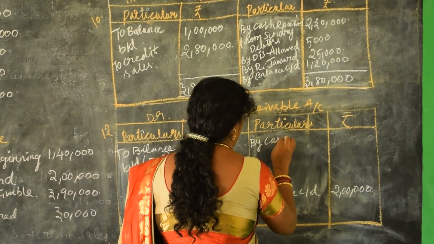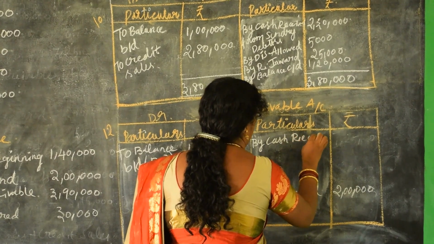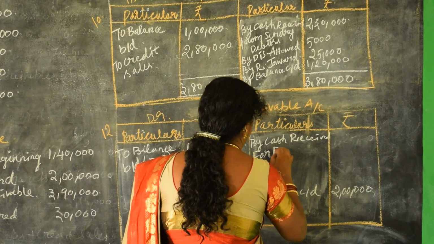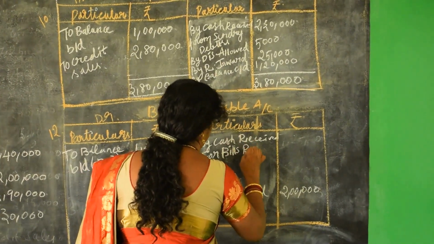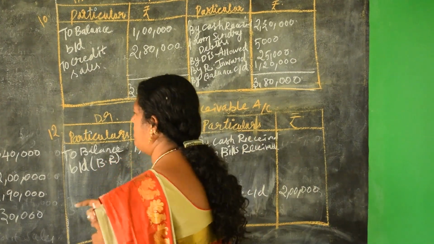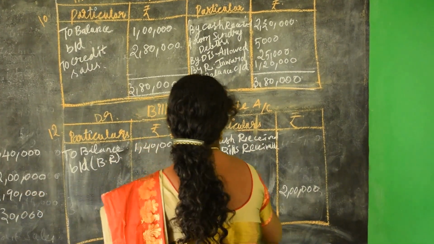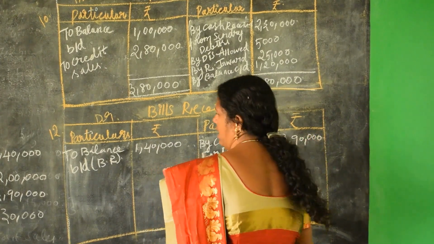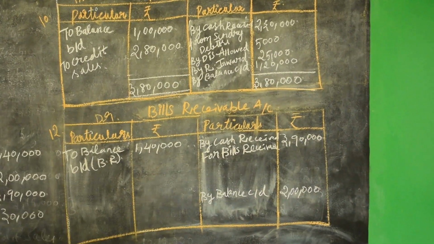By cash received for bills receivable. What is the amount? 3,90,000. The next, bills receivable dishonored.